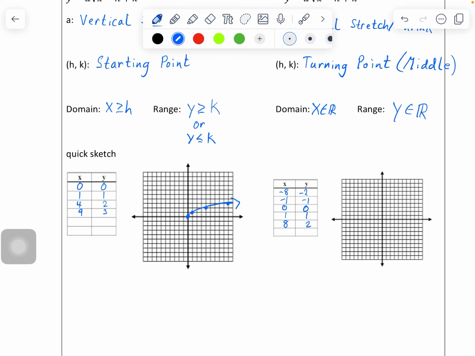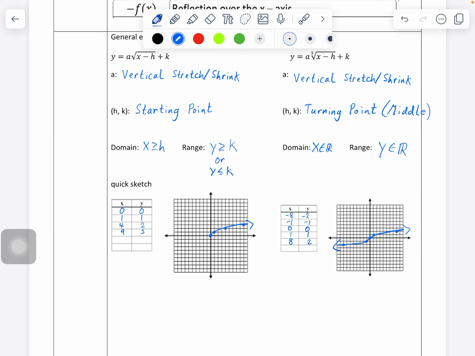We're going to use those same ones every time. And we're going to get that kind of like snake shape, depending on if it's opening up or down. Because the a value will determine which direction it's going to open. I also should have listed that. So, direction.